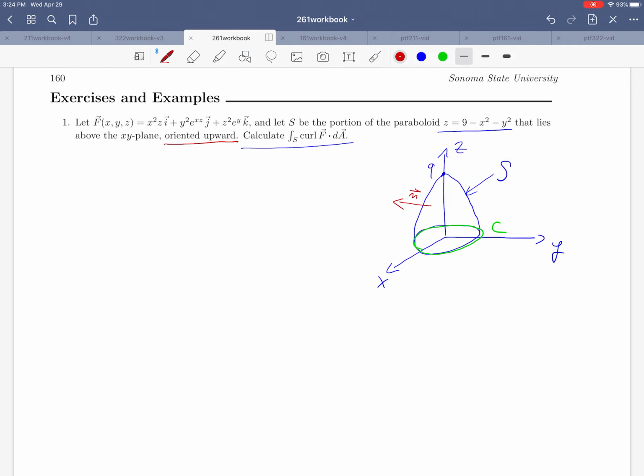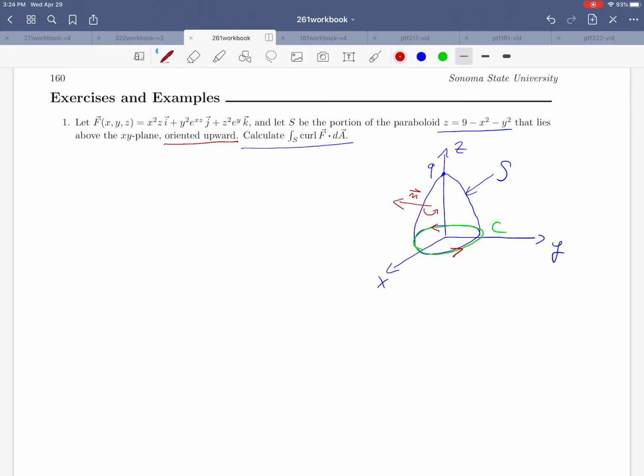This is my normal vector. And when I apply the right hand rule, I would be curling around this way. So the orientation on C is pointing, from our point of view, to the right.